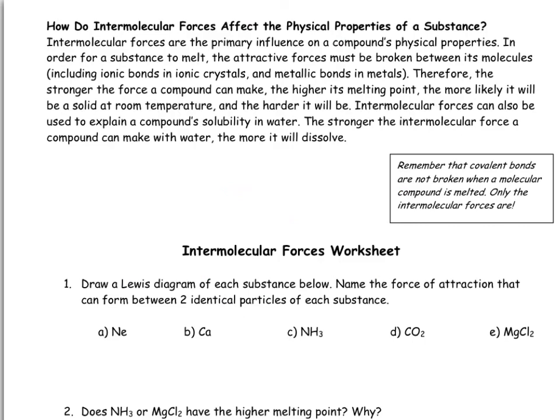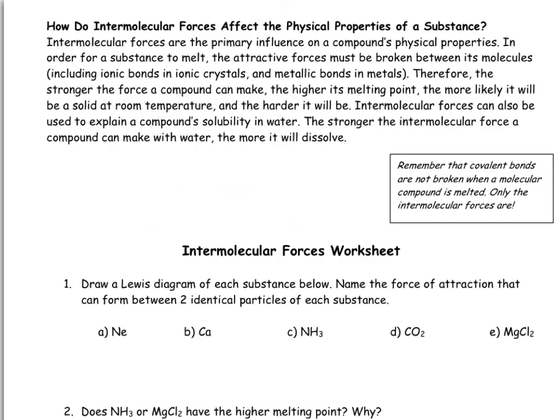Now, intermolecular forces are the primary influence on a molecular compound's physical properties. If you have an ionic compound, you have to break the ionic bonds in the crystal. If you have a metal, then you have to break the metallic bonds in the crystal. If you have a molecular compound, it's the intermolecular forces that must be broken when you're melting.